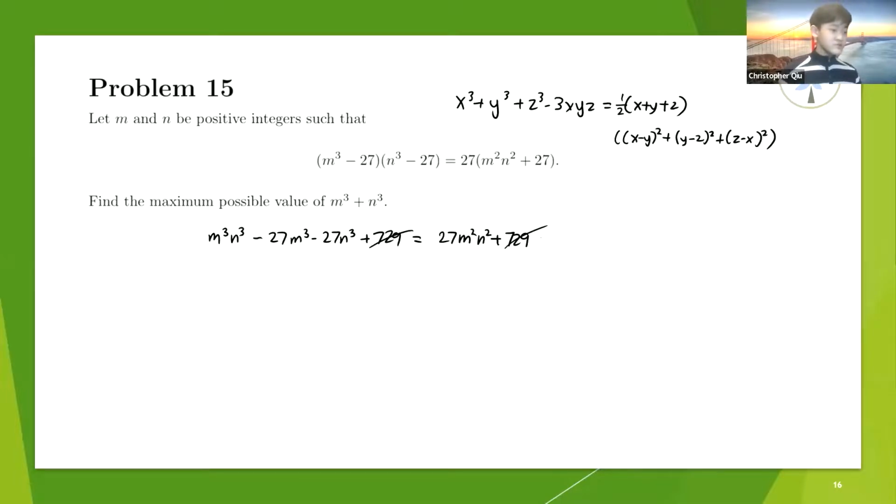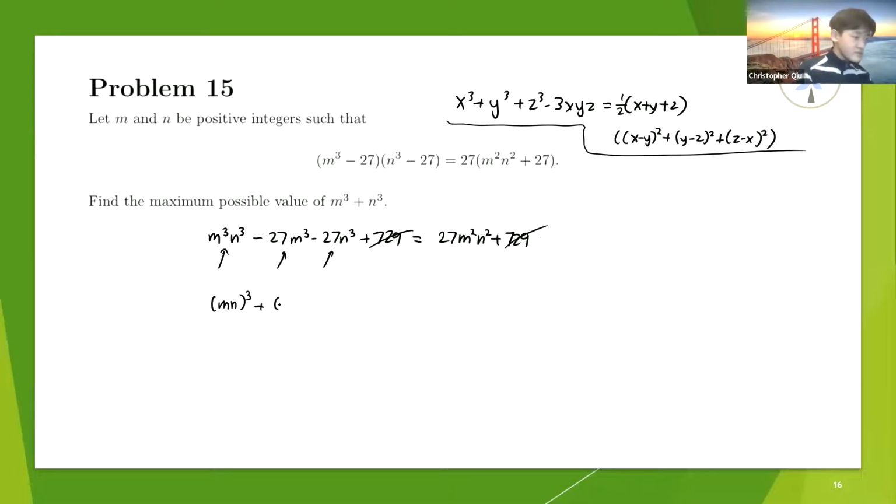And once we cancel out these terms, we notice that these three terms, they're all perfect cubes. And that makes us think of this identity we have here. So let's try to write it in that format. So let's write (mn) cubed plus (negative 3m) cubed plus (negative 3n) cubed, and then minus 27 m squared n squared is equal to 0.